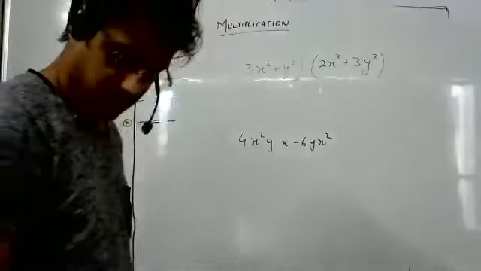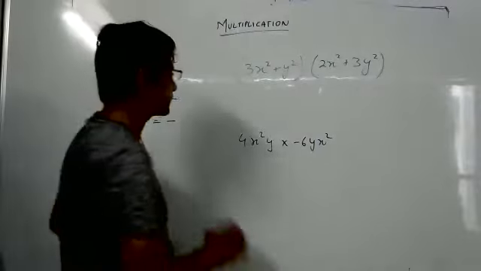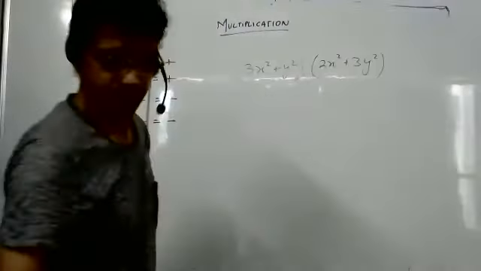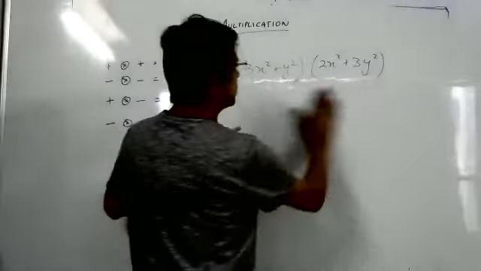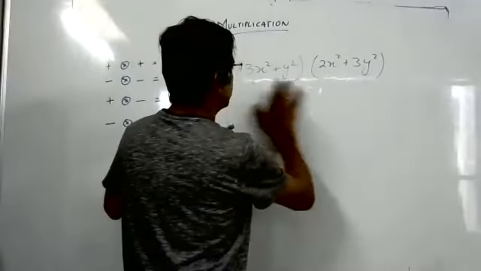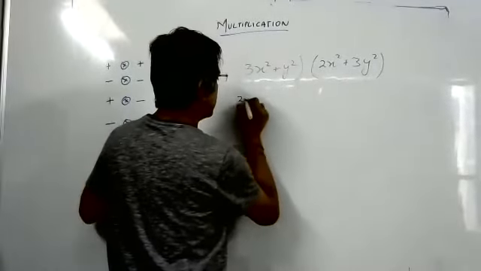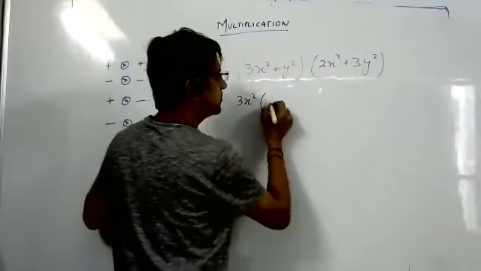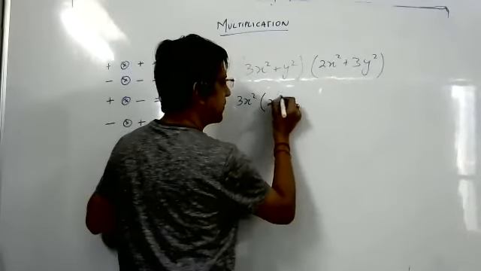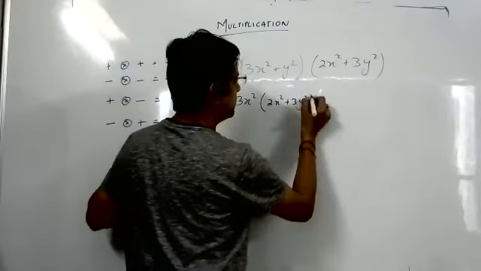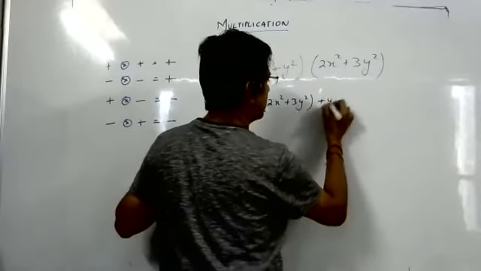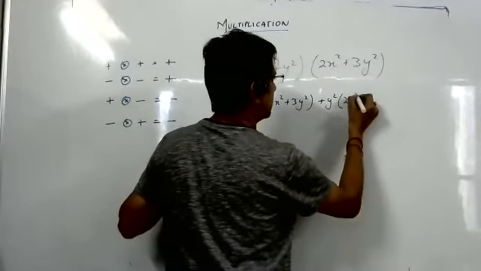Very good. Let's do it. Tell me, Ojeshwini, how to do? So 3x square whole into 2x square plus 3y square. Very good. Then? Plus y square whole into 2x square plus 3y square.